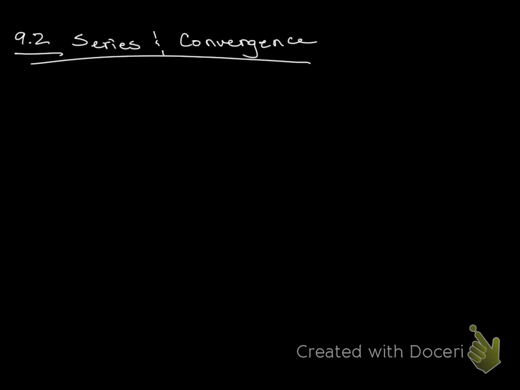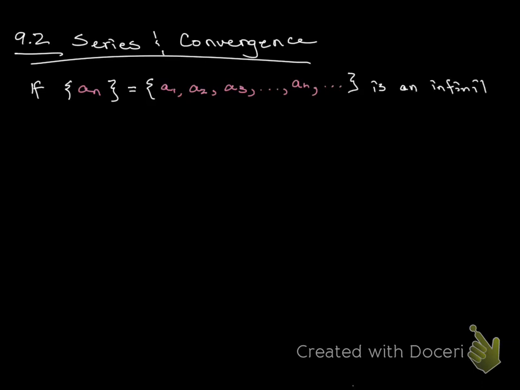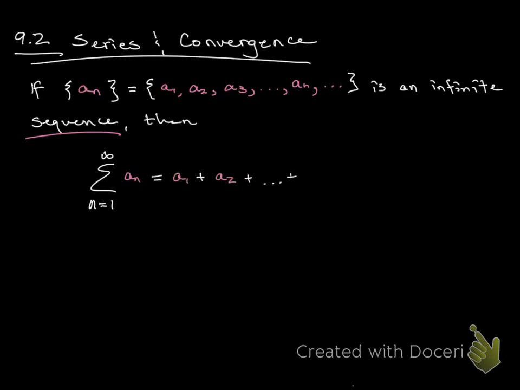Okay, so let's say I have a sequence. The sequence A1, A2, A3 to AN and then beyond is called an infinite sequence. Then if I sum those numbers up, if I take each of these terms, A1 plus A2 plus forever and ever, I get what we call a sum or an infinite series.